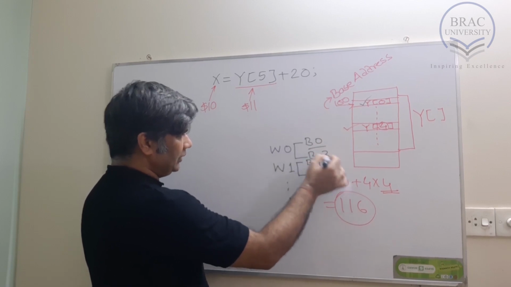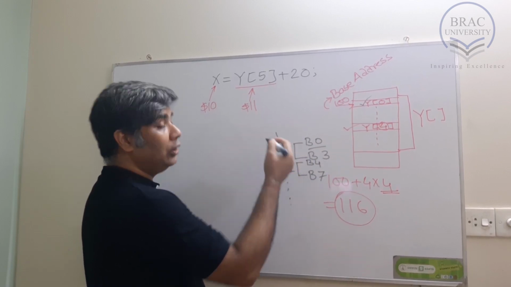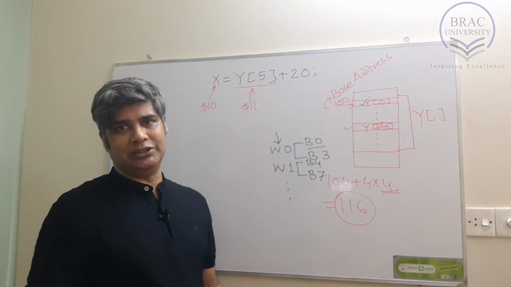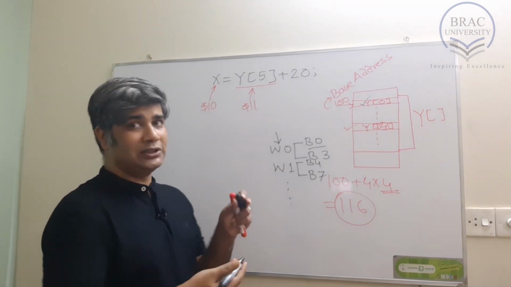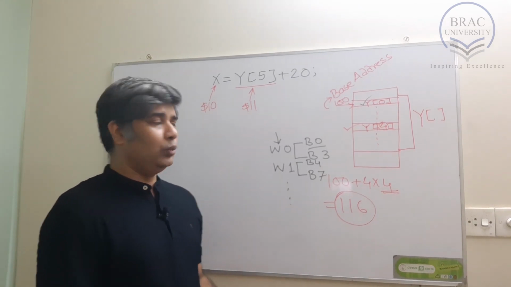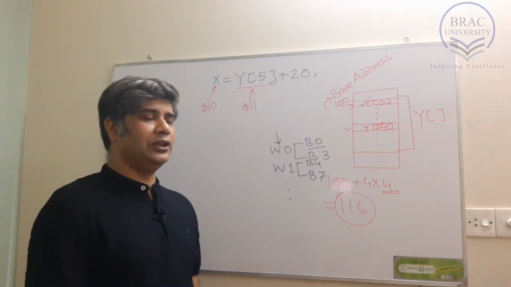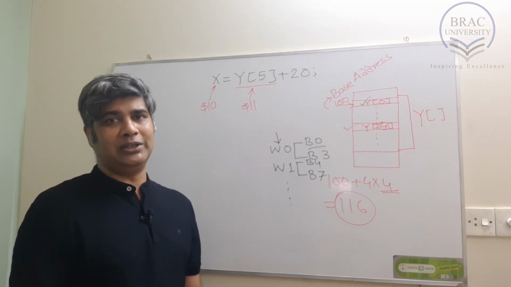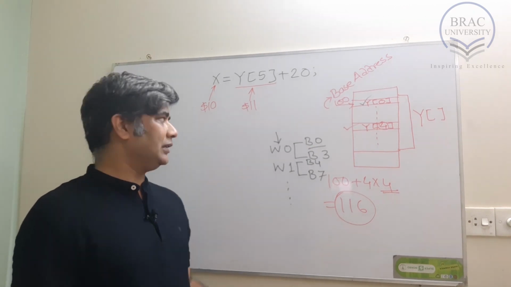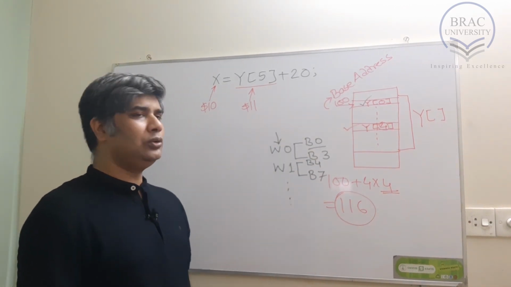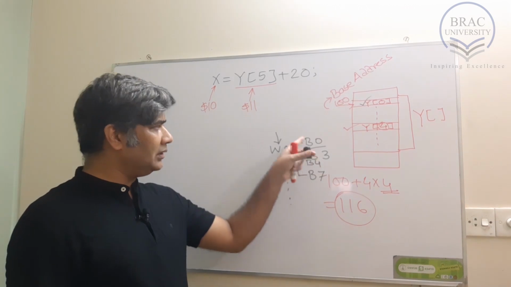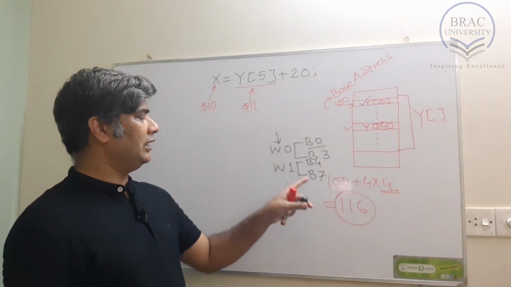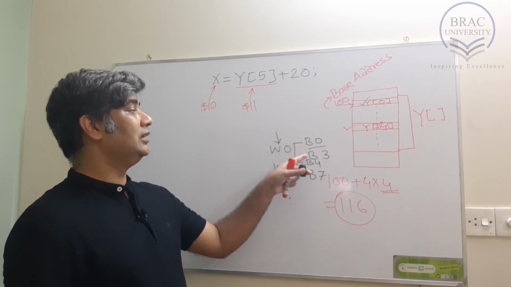These are all physical locations and these are our logical addressing, because the word length can change. We are considering this for 32-bit because the architecture that we are studying is 32-bit. But in the case of 64-bit architecture, this would be 64.